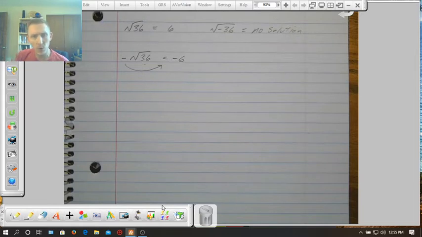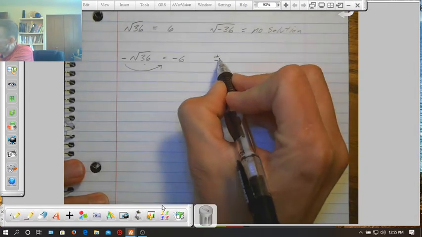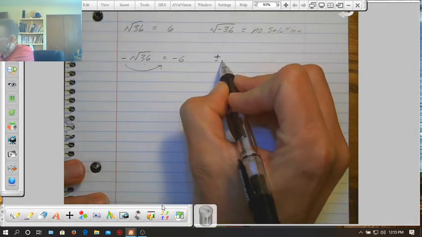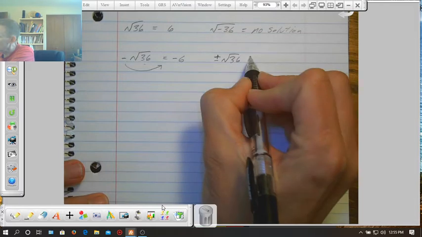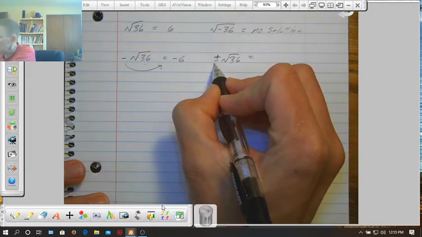There's a symbol that we're going to introduce today, and it simply just means that there is a positive and a negative answer. So positive, negative. We call this plus or minus square root of 36. Well, again, just like before, this symbol is in front of the 36.